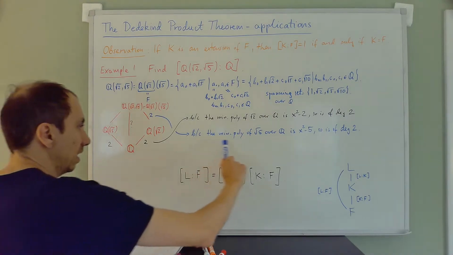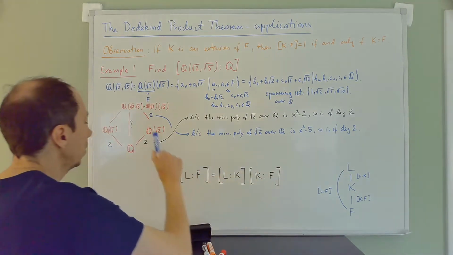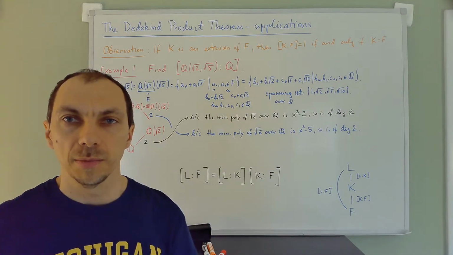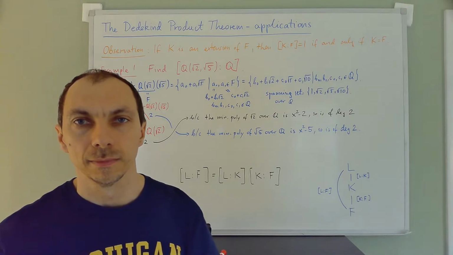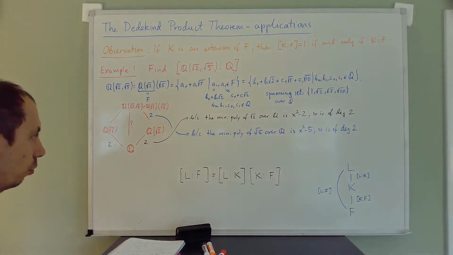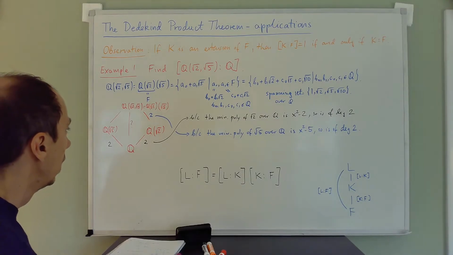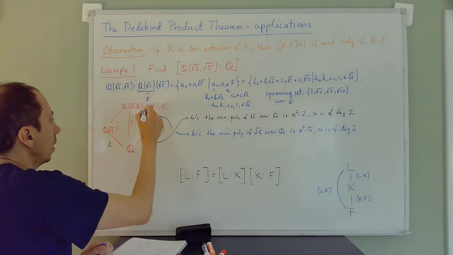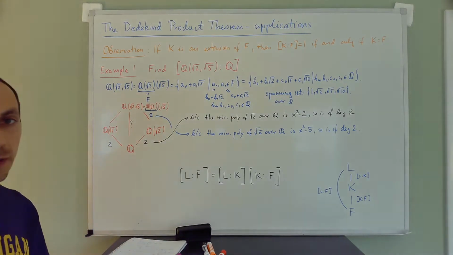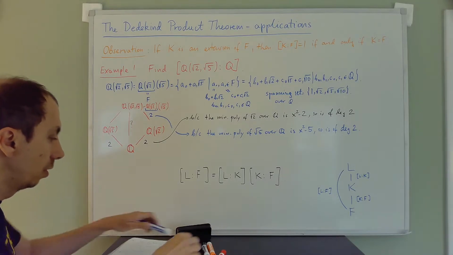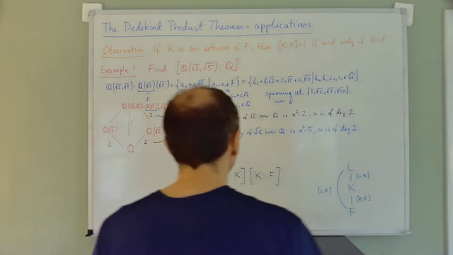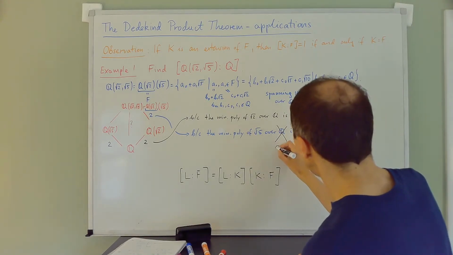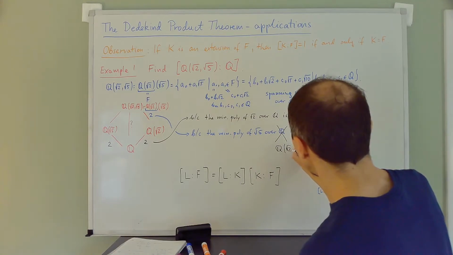This statement, which is true, does not allow me to conclude that that thing is 2. Why not? Think about it for a second. The reason this doesn't work is because this field here is that field adjoin radical 5. So I need to know the minimal polynomial of radical 5 not over Q, I need to know it over Q adjoin radical 2.